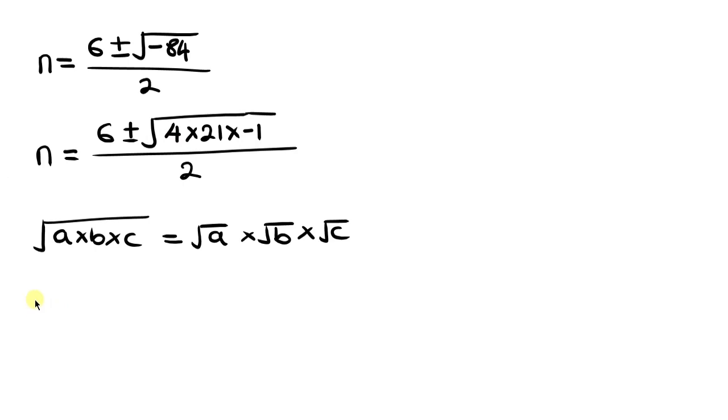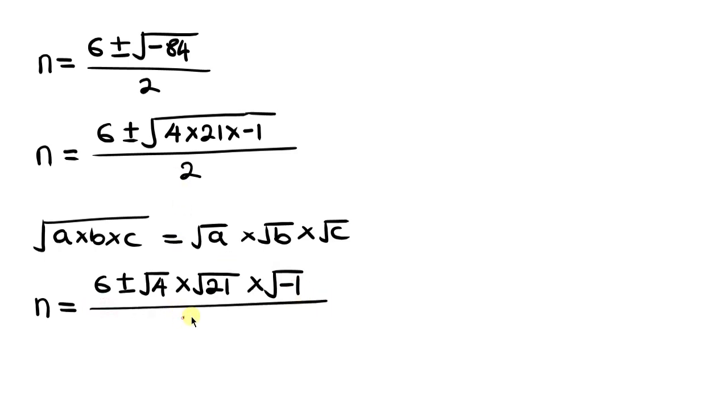So n will be equal to 6 plus or minus the square root of 4 times the square root of 21 times the square root of negative 1, all over 2.